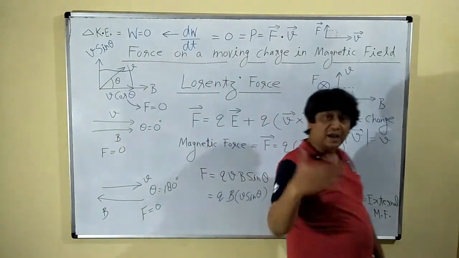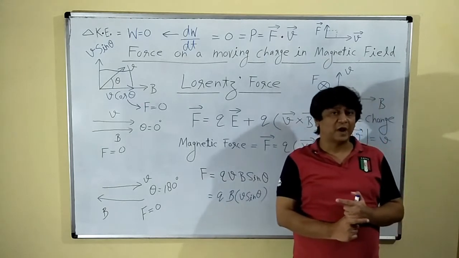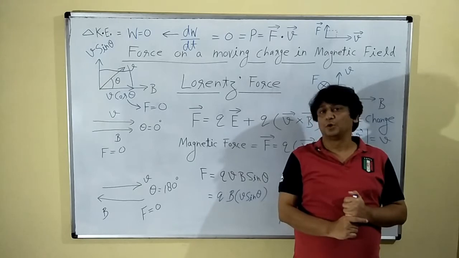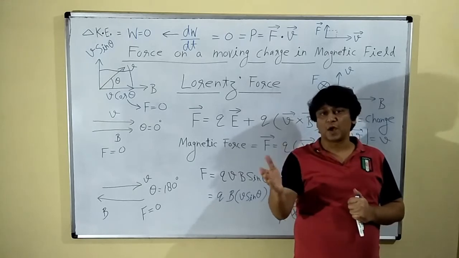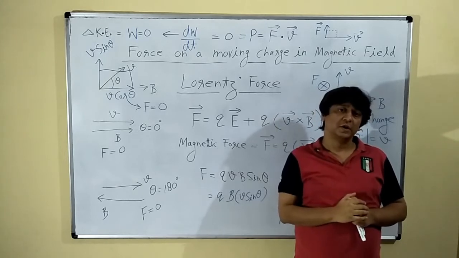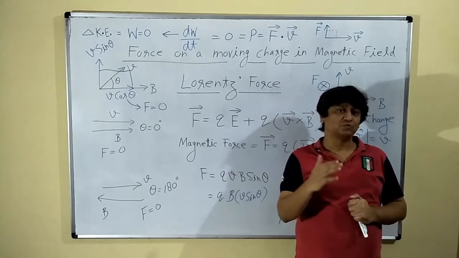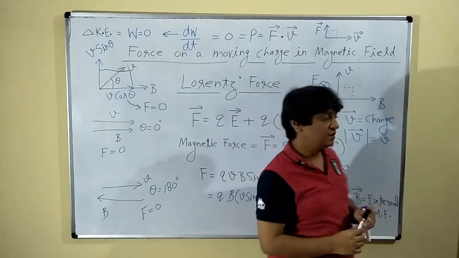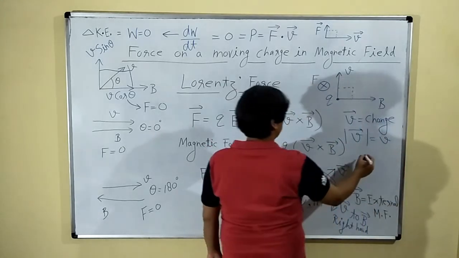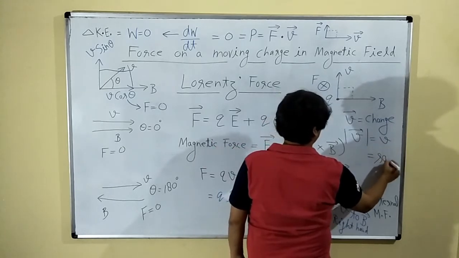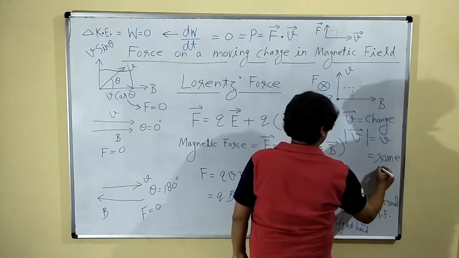Now what is kinetic energy? Half mv square. So half mv square is something which is not going to change. If it doesn't change, that means V is not changing, so V remains the same.